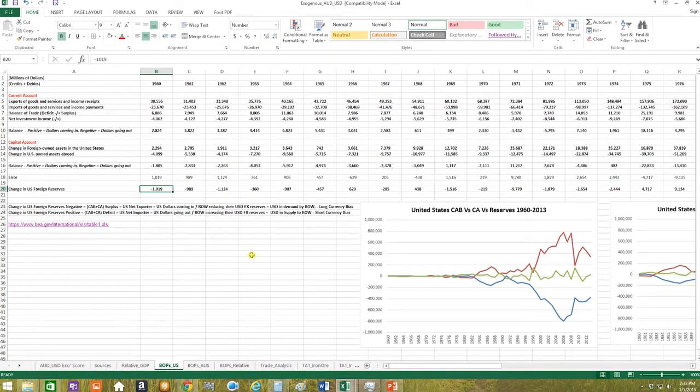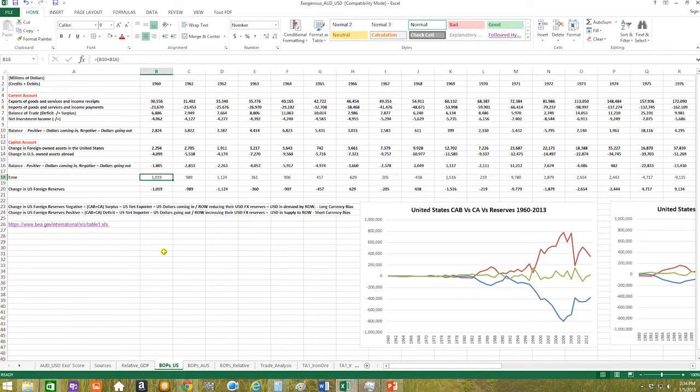Okay, so what does this mean overall in terms of money flow? Well, if the balancing item is negative, or the change in US foreign reserves is negative, what it means is that this number, by default, must have been positive, which means the United States is in surplus.